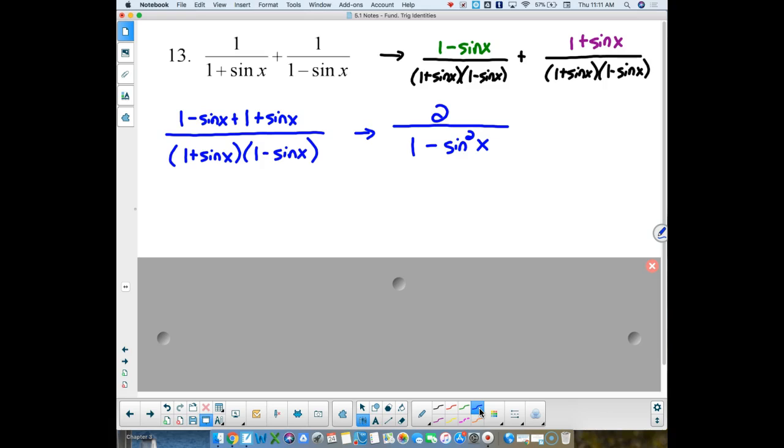Now, you may be saying to yourself, what did that do for us? Well, it actually did a lot for us. Because what's 1 minus sine squared of x? It's cosine squared of x. So this becomes 2 over cosine squared of x.